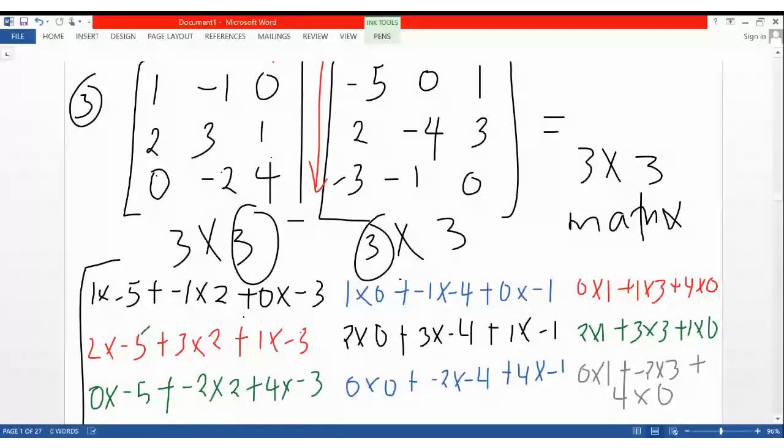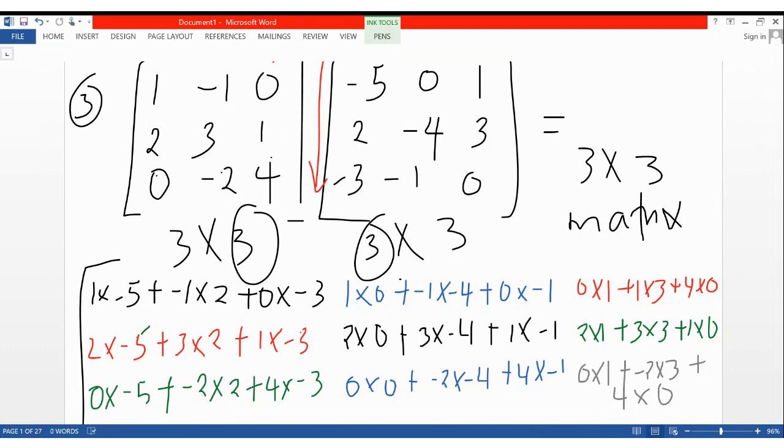So 0 times negative 5, negative 2 times 2, 4 times negative 3, 0 times 0, negative 2 times negative 4, and then 4 times negative 1. It's not correct. Yes, the first row for the first matrix and then the third column for the second matrix.